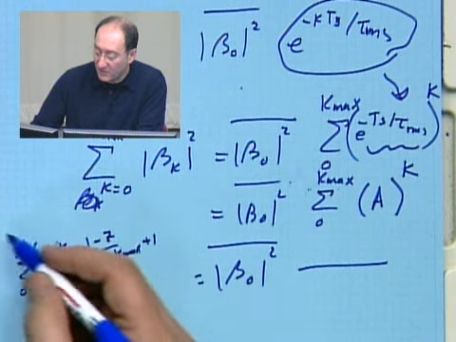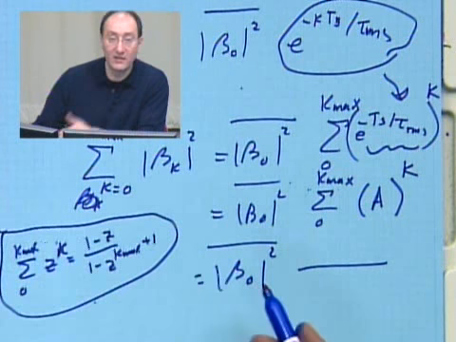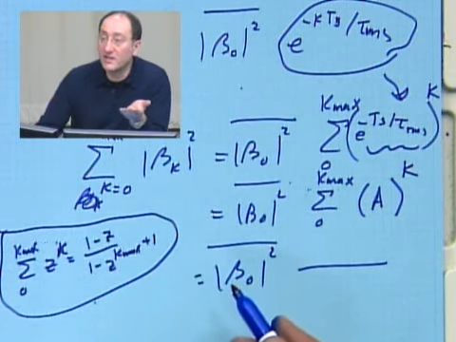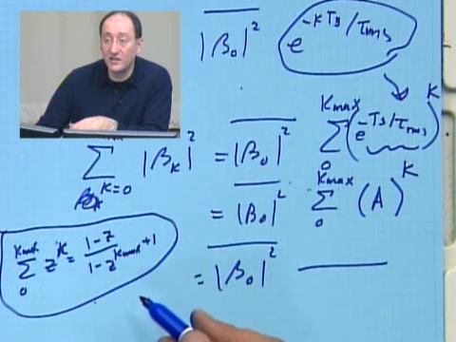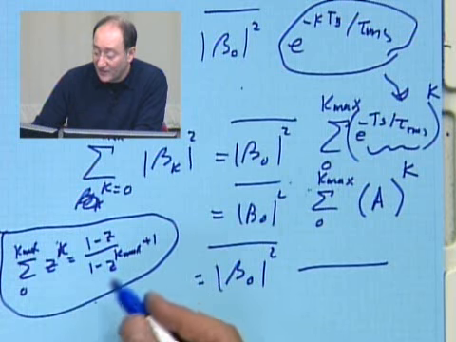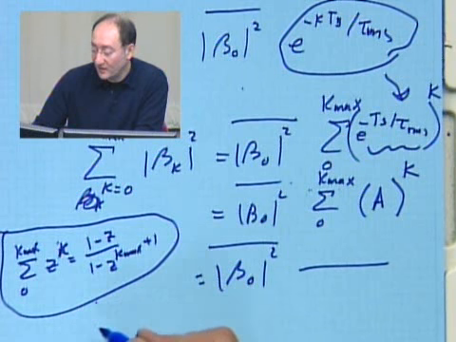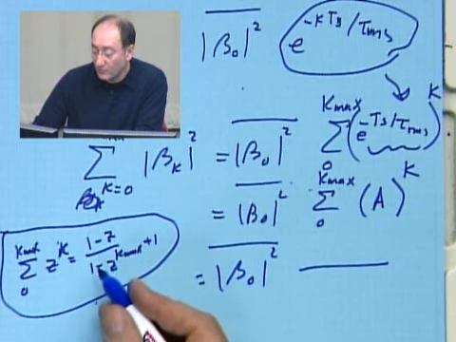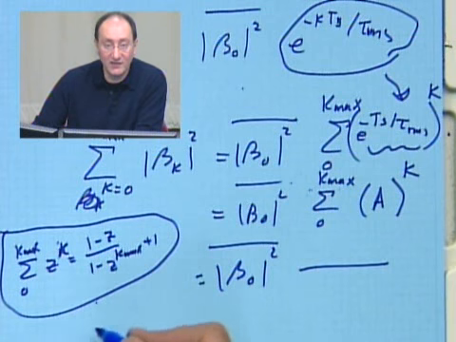Okay, this is just something that comes from power series expansion. They call it the truncated power series. Okay, if k max goes to infinity, it is just 1 over 1 minus z.